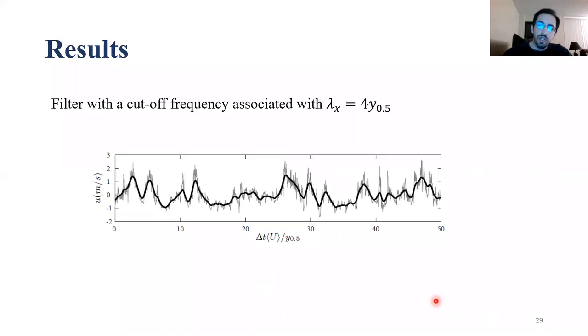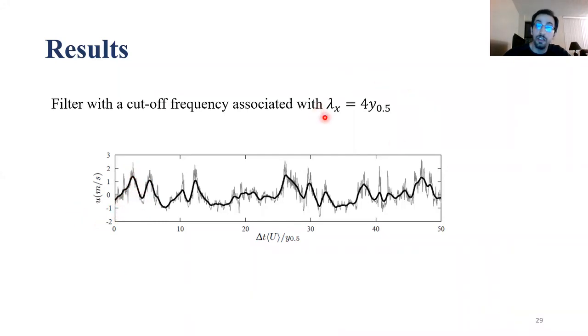And so we're going to use this filter. This plot shows a sample velocity signal and the filter used to separate the very large scale motion. You can see that the gray line shows the raw signal, and the thick black line shows the filtered signal.